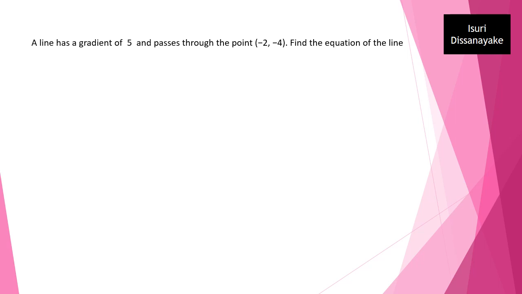So with the given information, we are going to work out the value of c. Because the gradient m is given as 5, what is missing is the value of c. So we know the x coordinate is -2 and the y coordinate is -4.